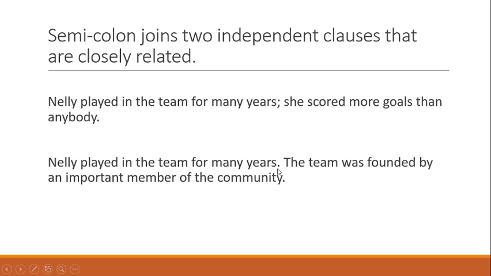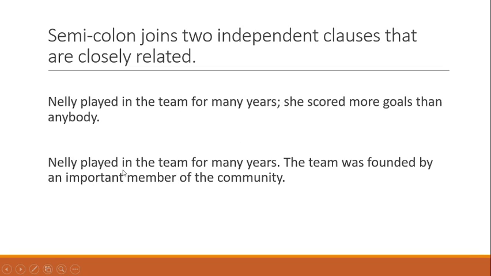But in the other case, we have two independent clauses again, but they are not related in the same way. That's why we can have one of them that ends with a period, and we continue with the other idea with its own period. In the case of joining with the semicolon, just the final independent clause has the period in the writing.